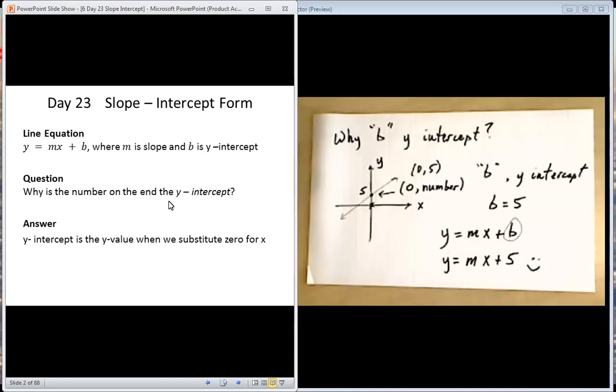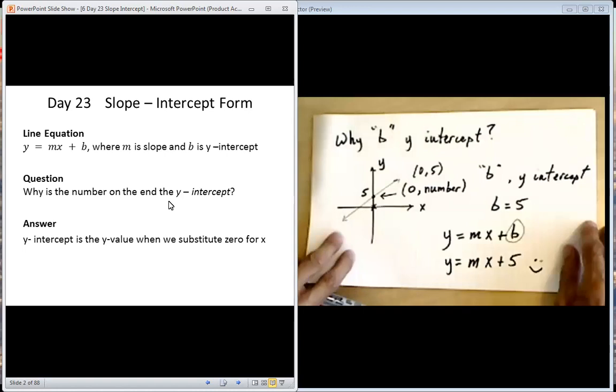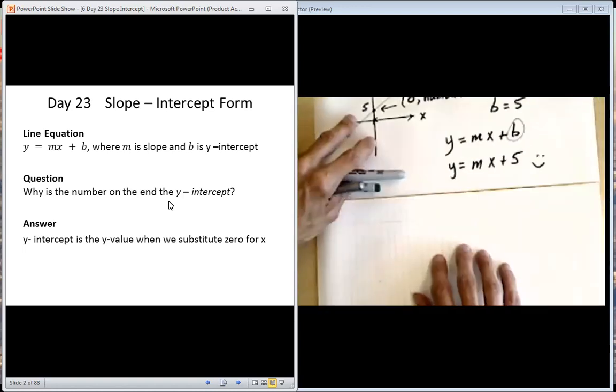Okay, so notice on the screen it says if you substitute 0 in. So let's take a look at this. If we put a 0 in for x, what's 0 times m going to be? What's 0 times anything?